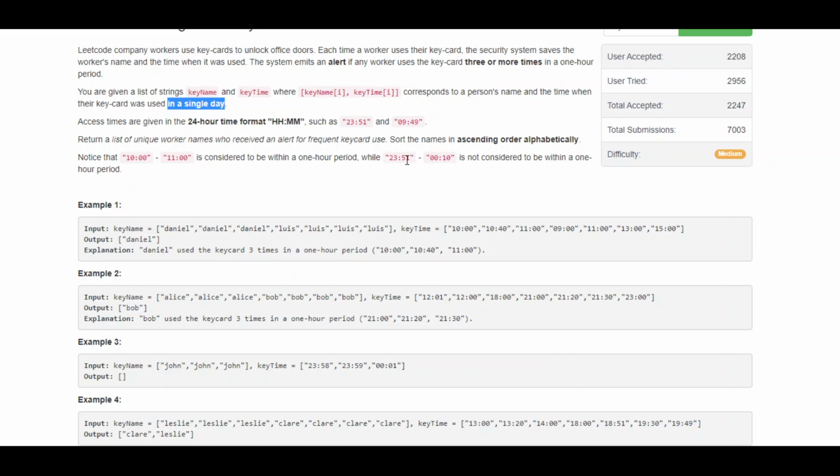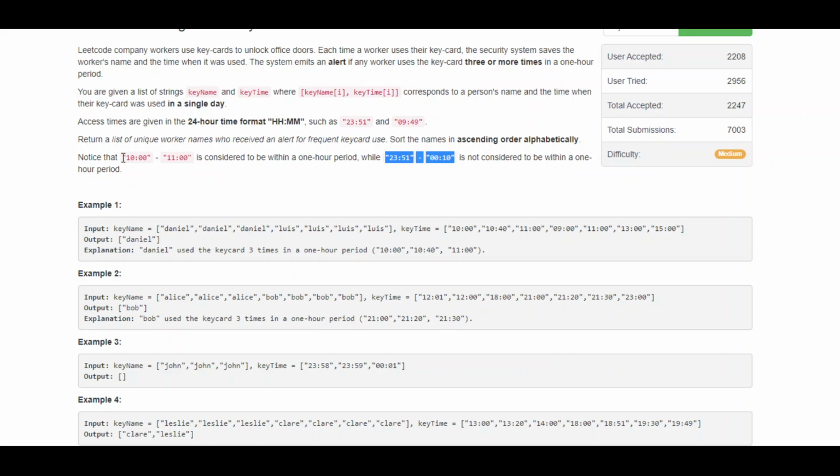So if you have data from one user that is from midnight and from 23 or 11 p.m., they are spread by multiple hours. Okay, so this is what it means, this note.